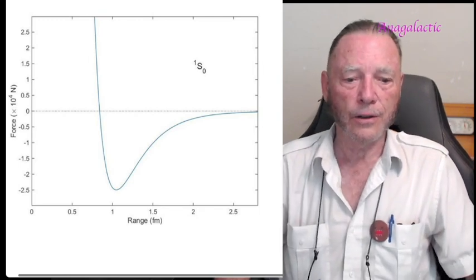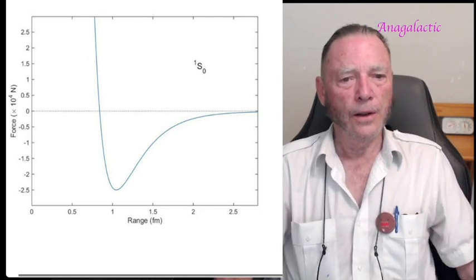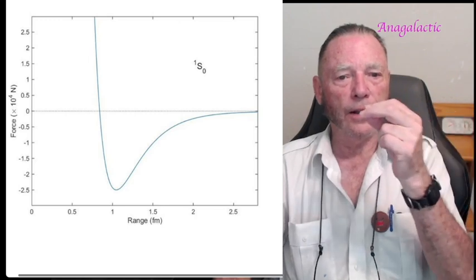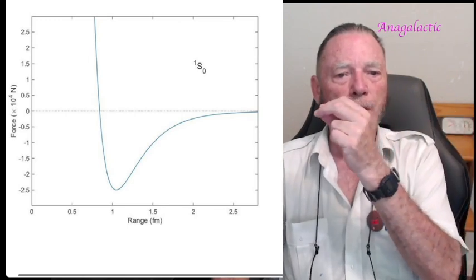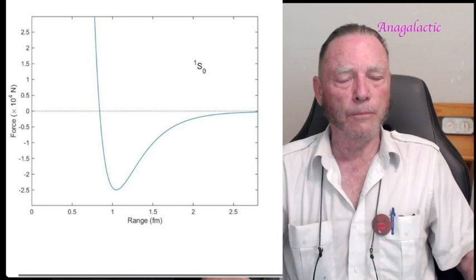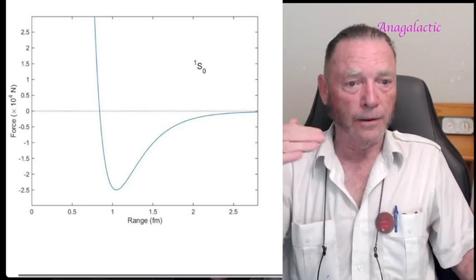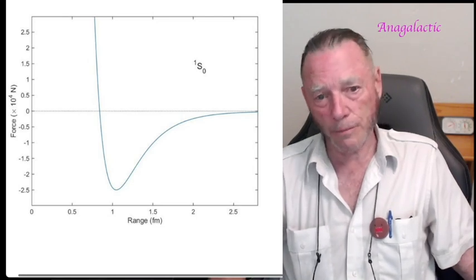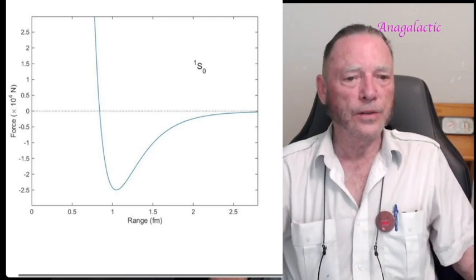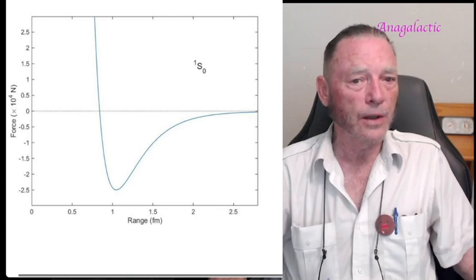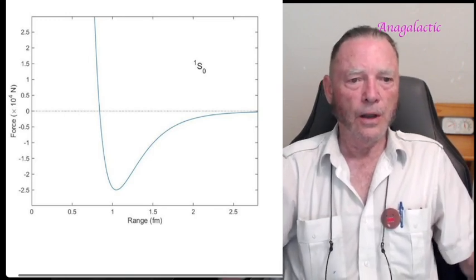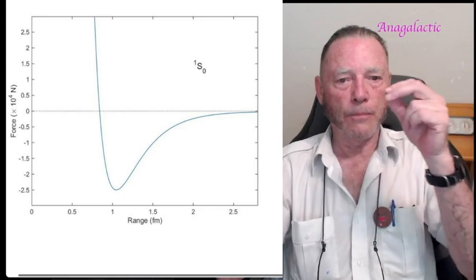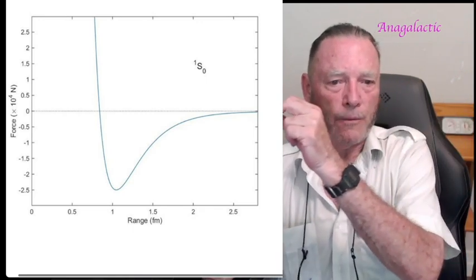So let's conclude this. Consider the particle that is here a proton, and as it approaches the other proton on a straight line, the proton never leaves that straight line. That's the spatial line. The dip shows an increase in repulsive force. So essentially, the proton is slowing down.